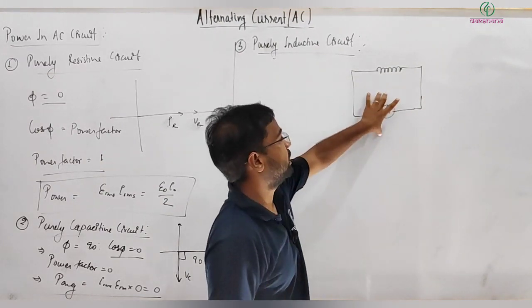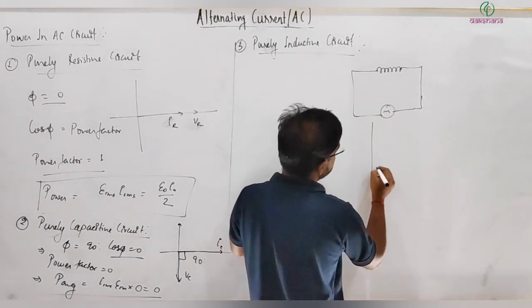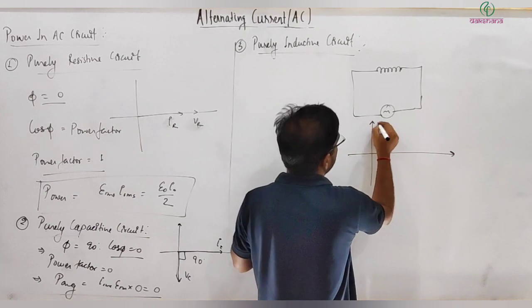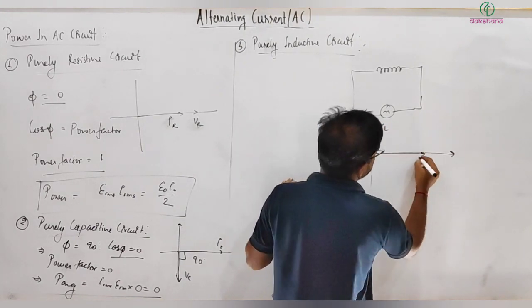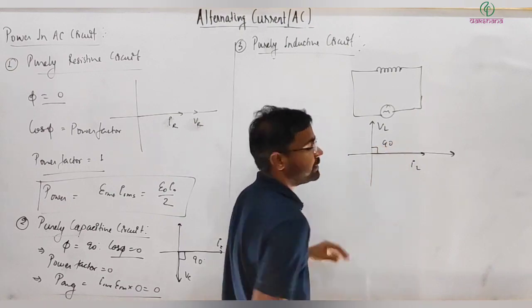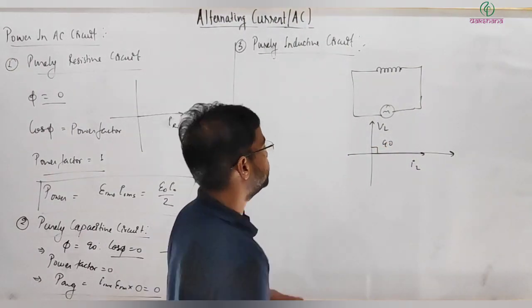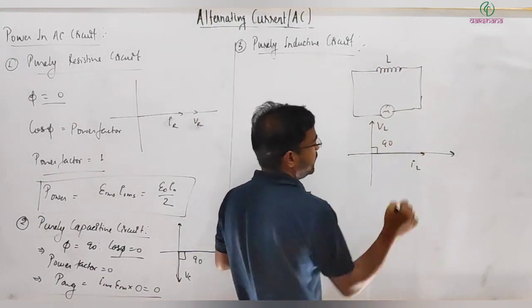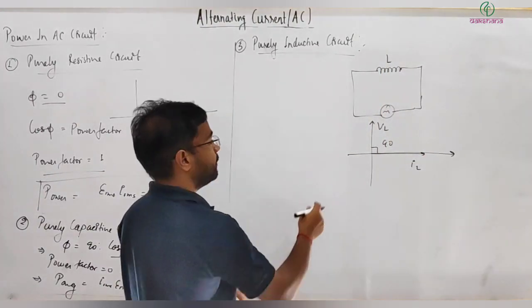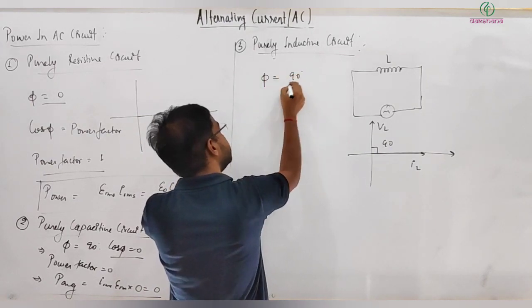Whatever the potential drop across it, I can write the potential here as VL and this is IL. Here also the potential drop across the inductor and the current passing through it have a phase difference of 90 degrees. So here also phi is 90 degrees.